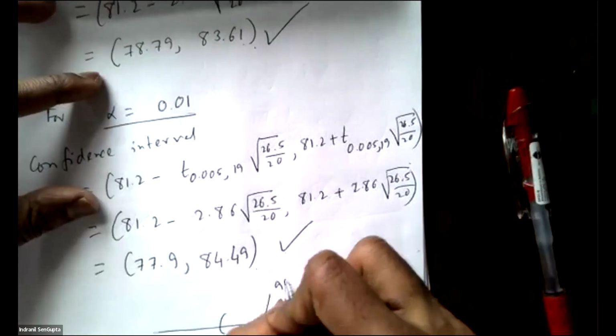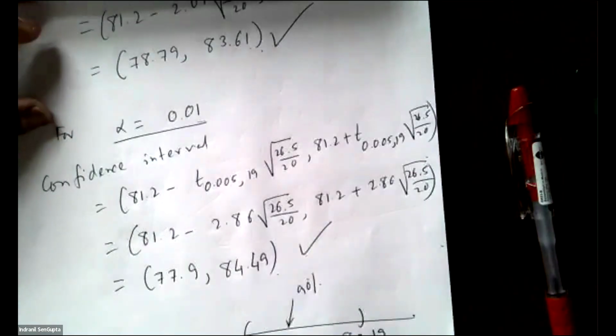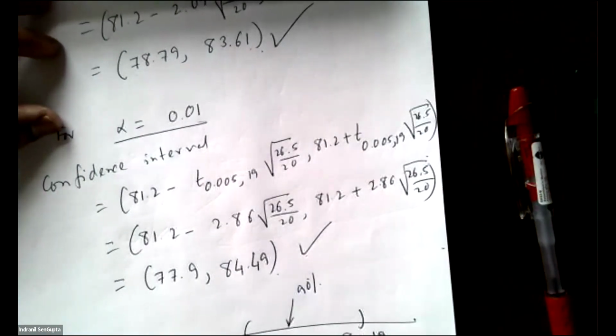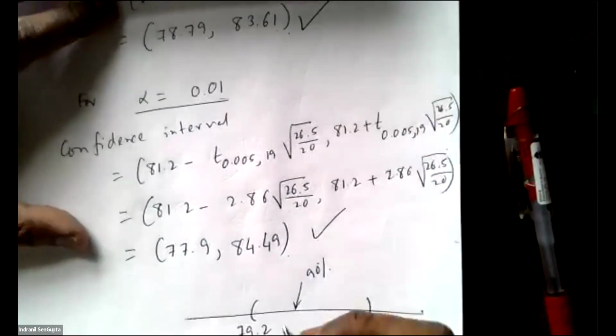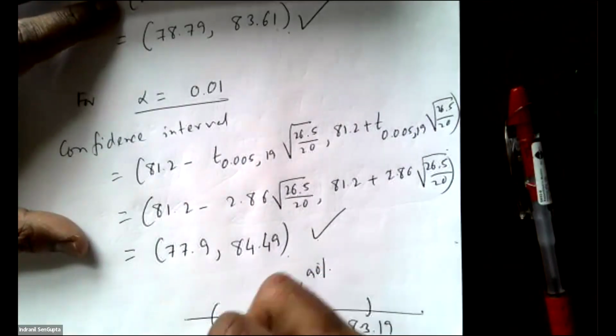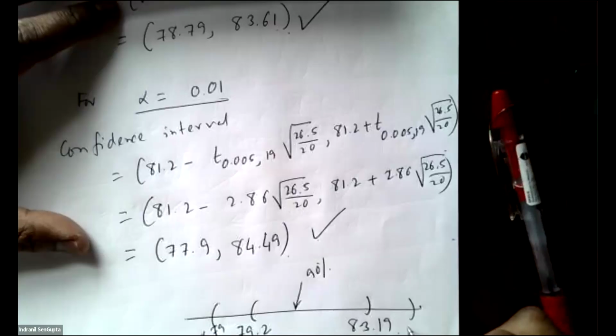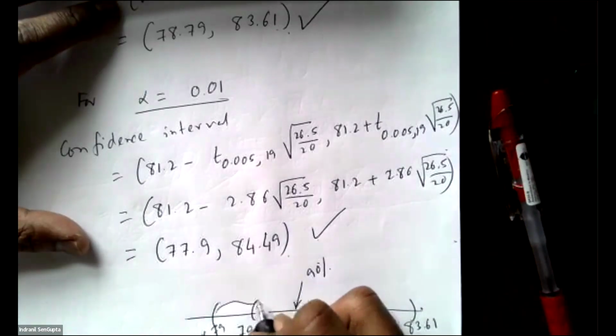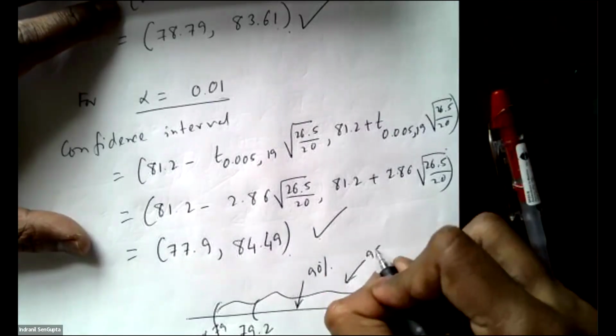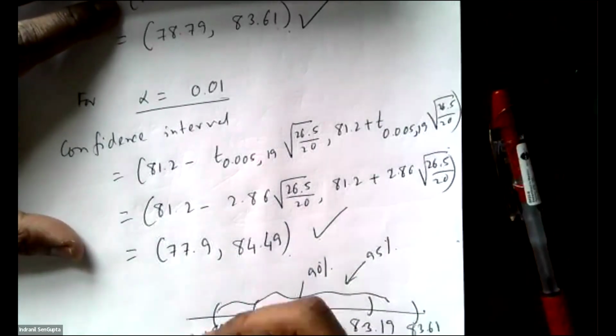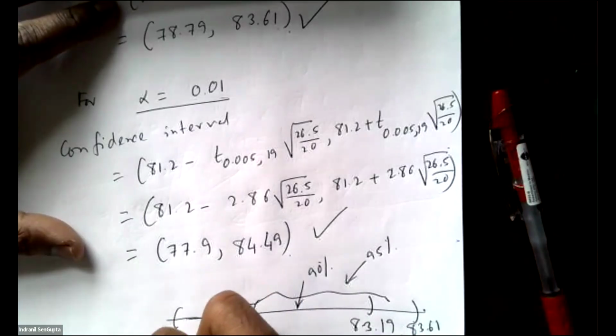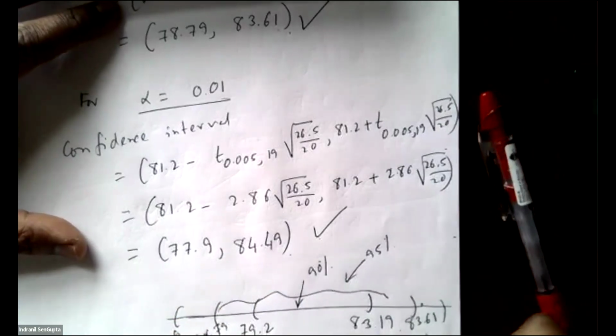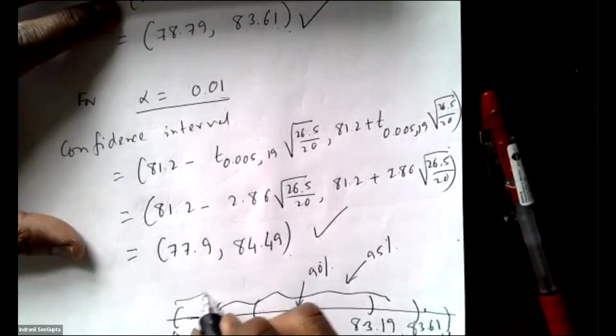Next time, you're trying to have your estimate confident up to 95%, so your estimate becomes 78.79 through 83.61. And finally, when you have 99%, it's 77.9 through 84.49. So it's even bigger.